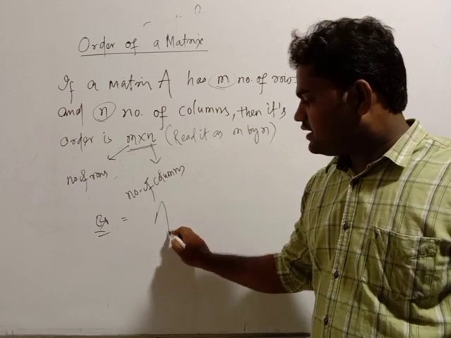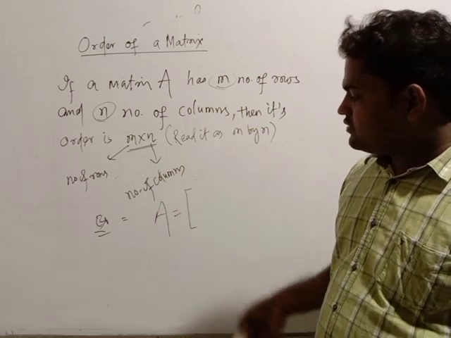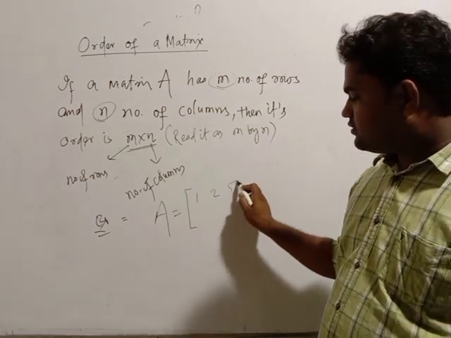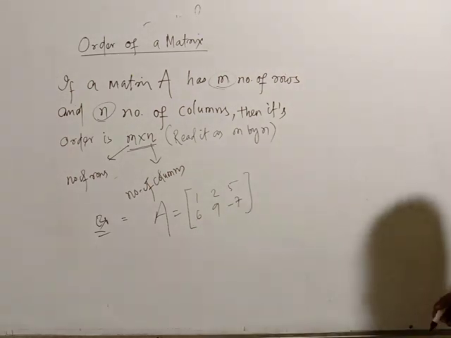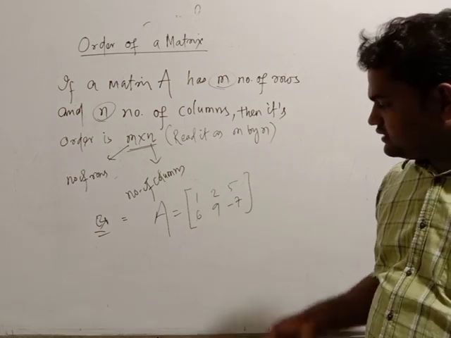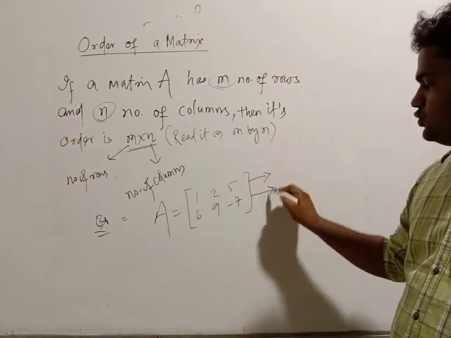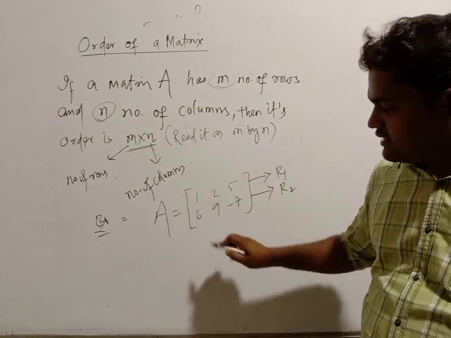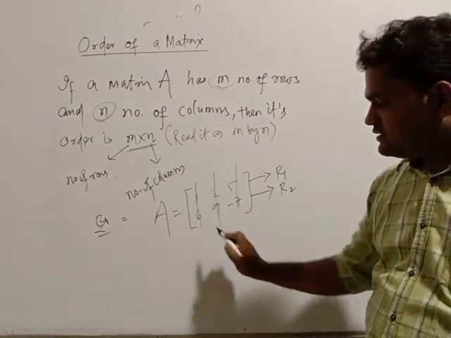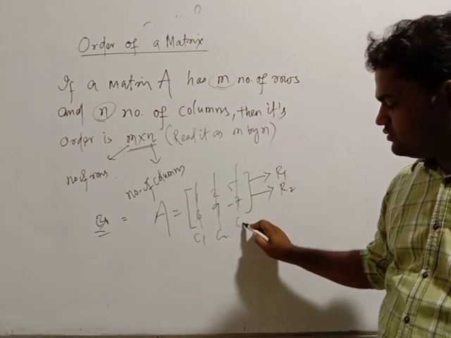Let A be a matrix with 1 2 5 6 9 minus 7. Look at here. In this matrix there are two rows, row 1, row 2, and three vertical lines, that means three columns C1, C2, C3.